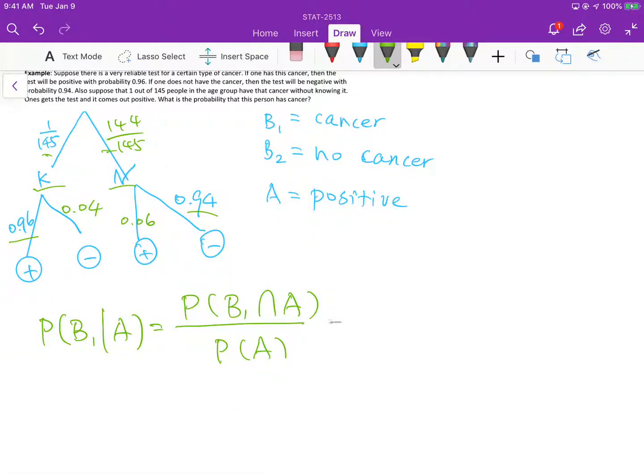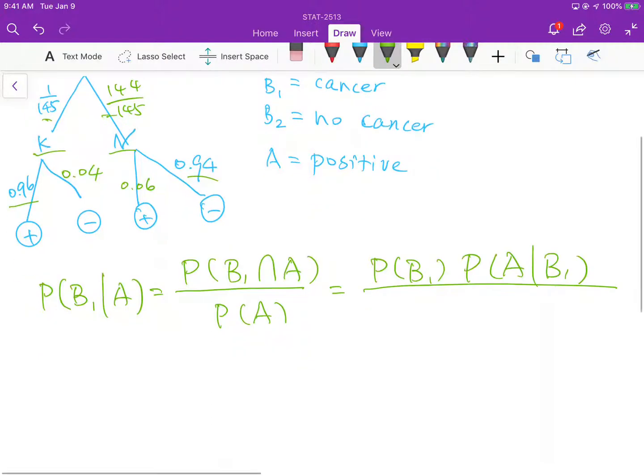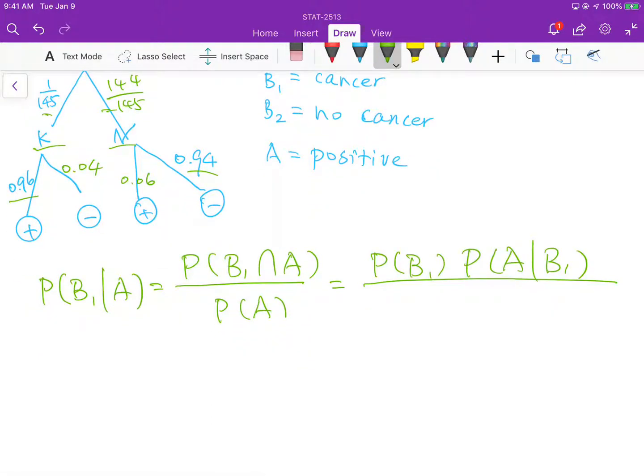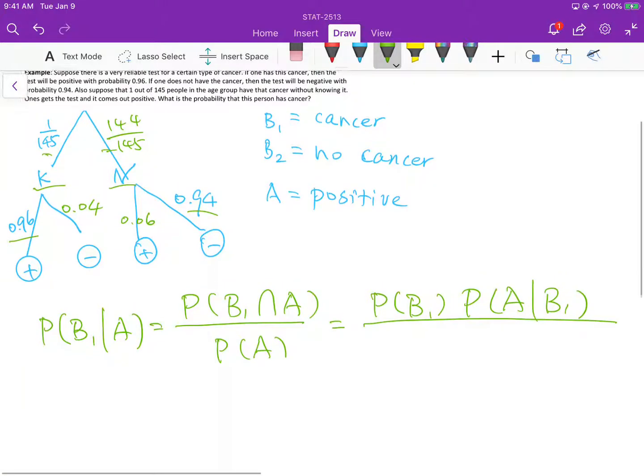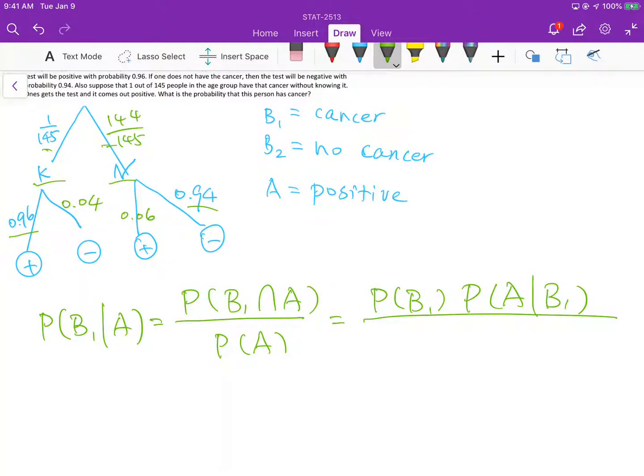For the numerator, we use the multiplication rule. So this is probability of B1 times probability of A given B1. For the denominator, we just apply the law of total probability, right?